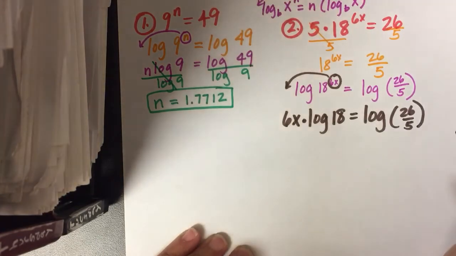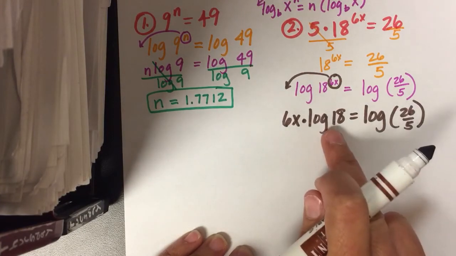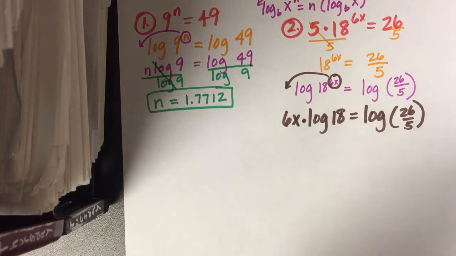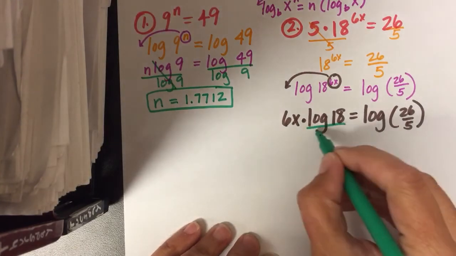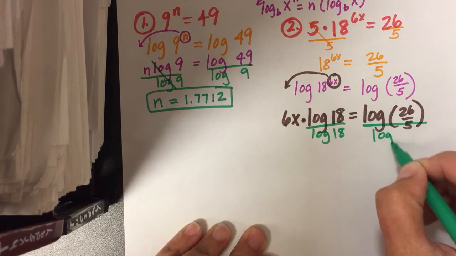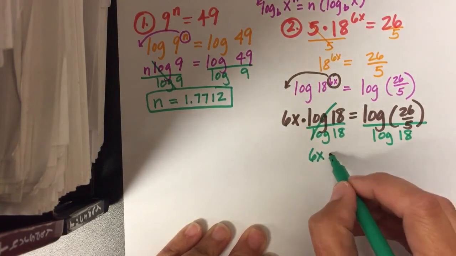Now remember, when we take these logs and there's nothing written for the base, it's assumed to be base 10. Now let's do the next step. I'm solving for that 6x. Remember, your logs are just numbers, so I'm going to divide both sides by log of 18, which will leave me with 6x over here.